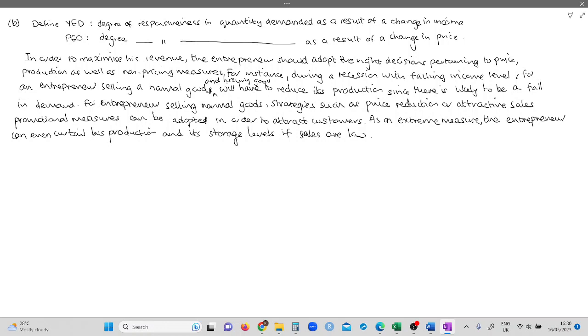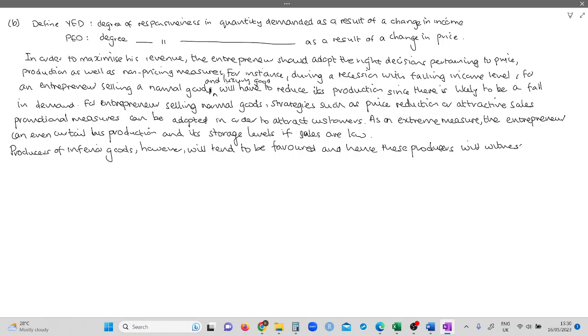However, still in the case of a recession, sellers or entrepreneurs, producers of inferior goods, will tend to be favored, and hence these producers will witness high sales during a recession.